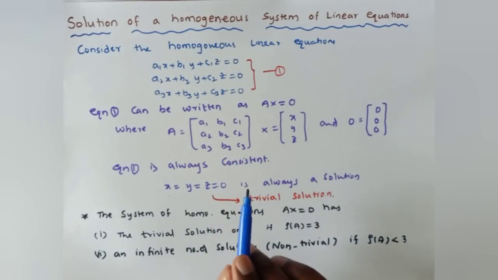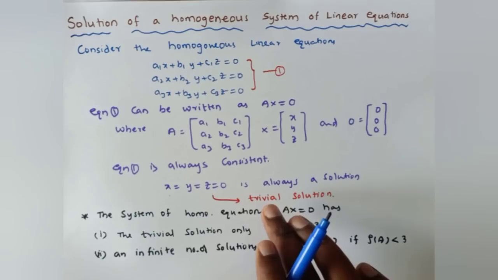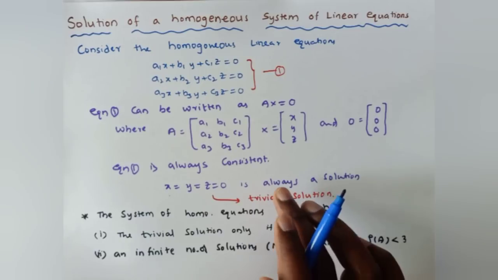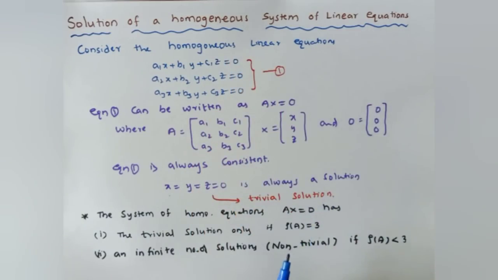The system always has a solution, that is x equal to y equal to z equal to 0. So in this homogeneous system, it is never inconsistent, since the constant values are zeros. Compulsorily x equal to y equal to z equal to 0 is a solution in the trivial solution case or in the infinitely many solutions case. But what you have to identify is whether the given system has a trivial solution or a non-trivial solution.